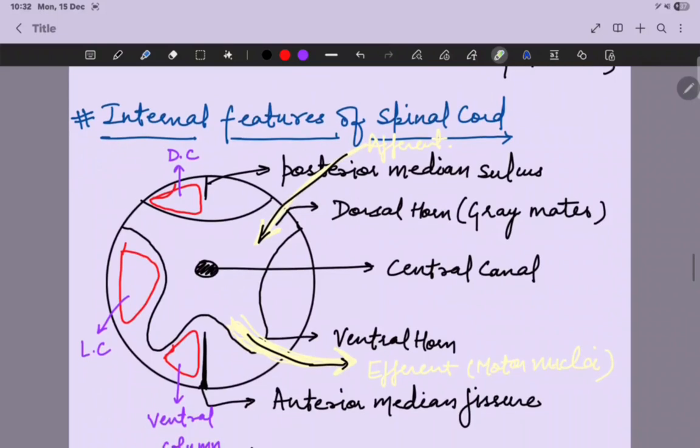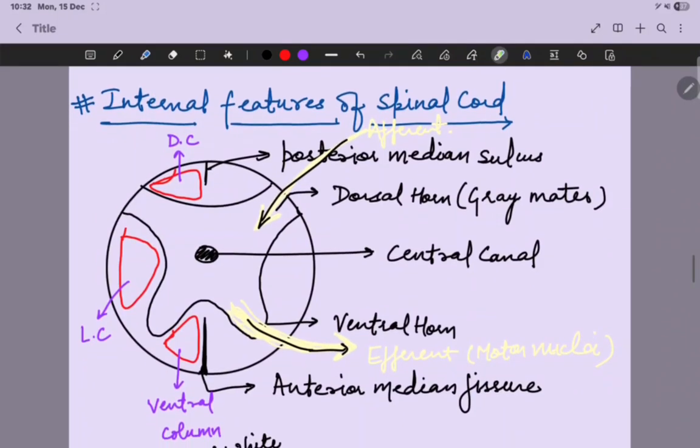Then we have the internal features of the spinal cord, that includes this transverse section of our spinal cord. Basically in the center we have the central canal, and this downward fissure, the anterior median fissure, is basically filled by the pia mater. And this is the posterior median sulcus.